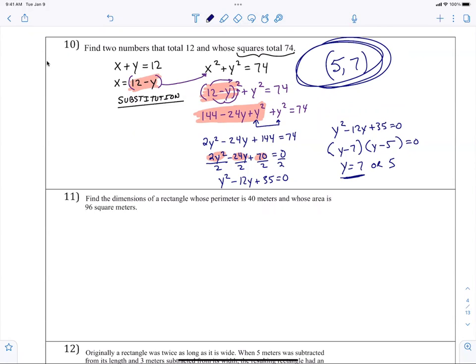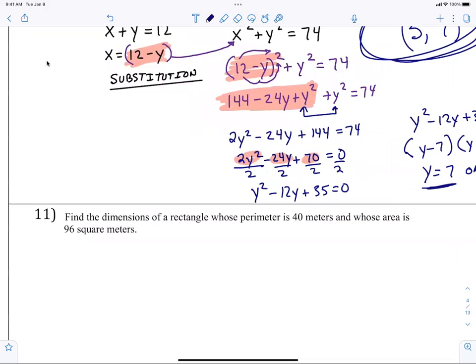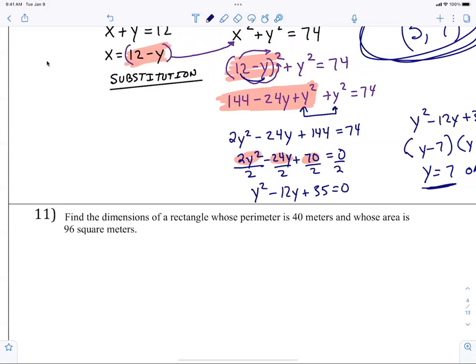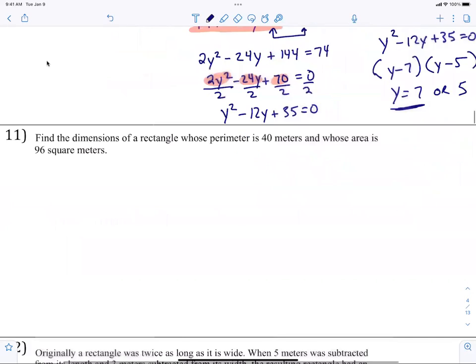You see what I'm saying? Where did you get negative 24y? 2 times 12. Come on, it's a pattern. To do the pattern, you multiply these two things together and then multiply it by 2. When you square a binomial, that's what happens.